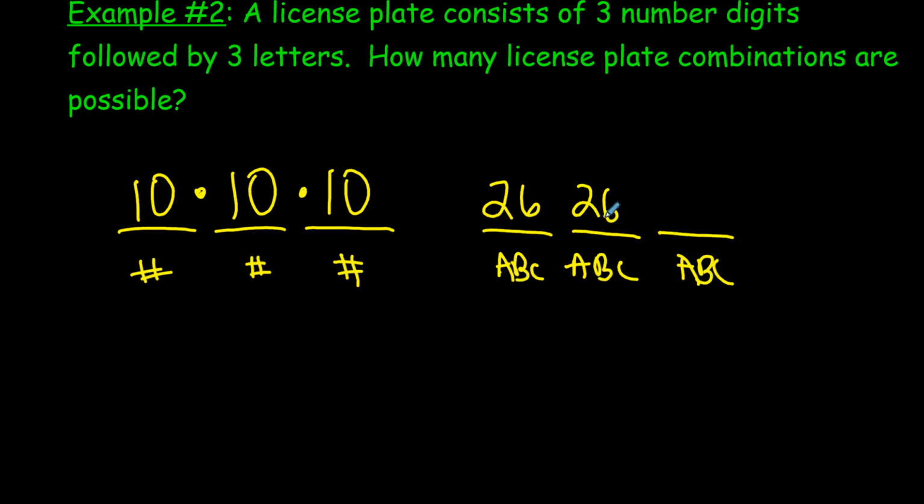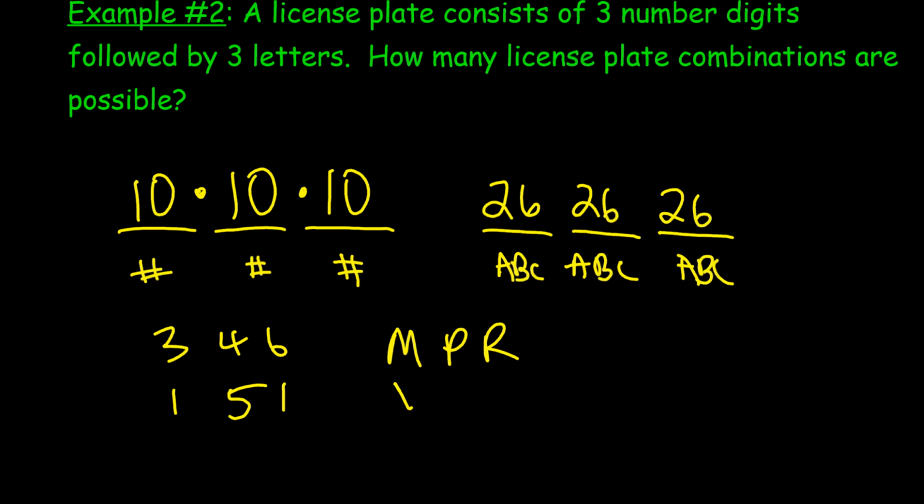And for the third letter, you still have 26 choices because, once again, you could repeat letters. So one example could be 346 MPR. That could be a license plate. Or it could be 151 VVV.